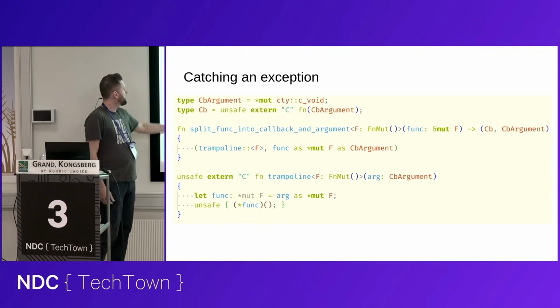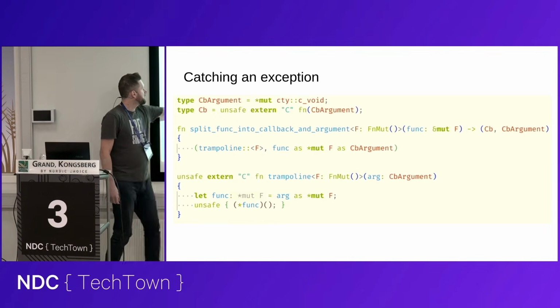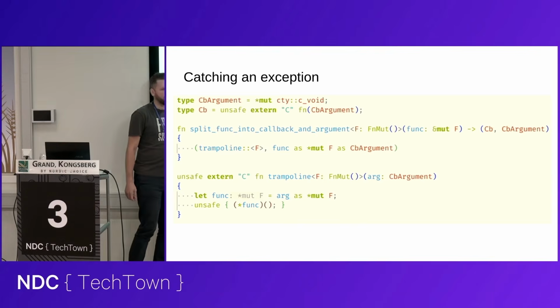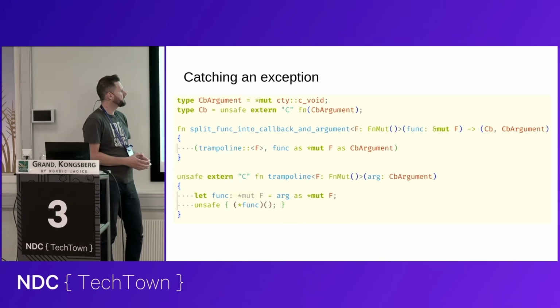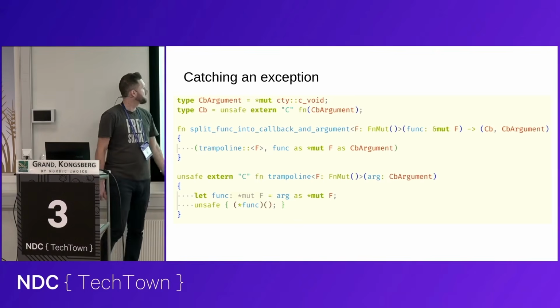First, there's this trampoline that monomorphizes over this particular closure. So trampoline f for some specific f is actually a normal function that you can point to. You cannot point to a closure, you can point to a function. And what it actually does is just call the closure, convert the argument, and call it.